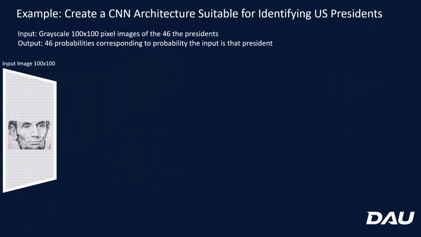Okay, so let's walk through a little more detailed example. You've got everything you need now to create a modern CNN architecture to identify images. But we'll still keep it somewhat simple, even though this is a bit of a complicated network we're going to design.